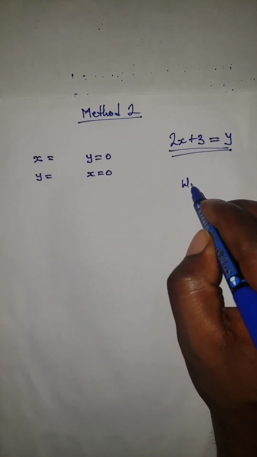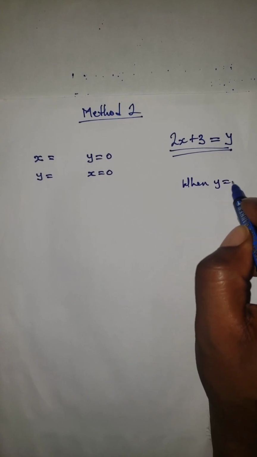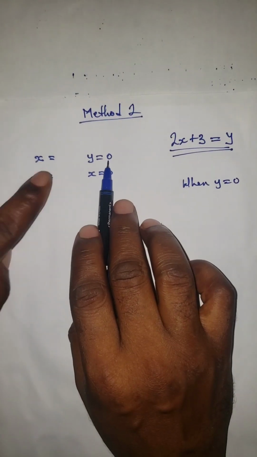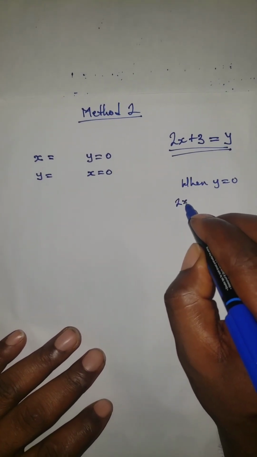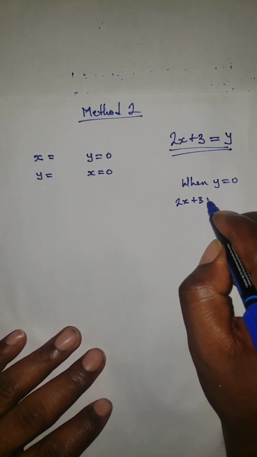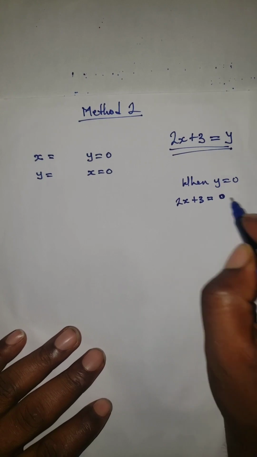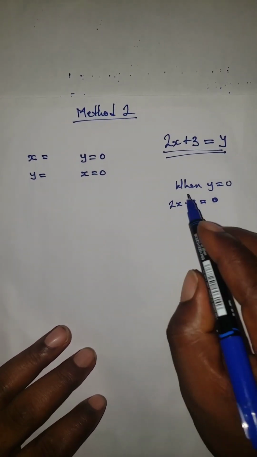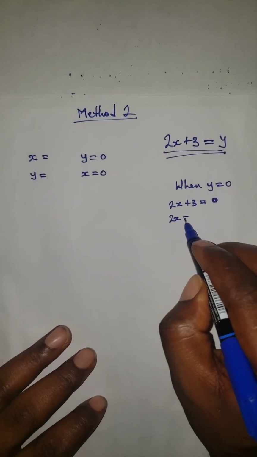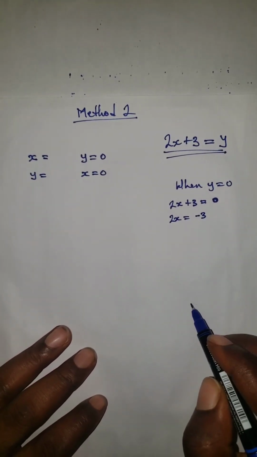When y equals 0, let's find the corresponding value of x. That will give us 2x plus 3 equals 0, because y is equal to 0. So that will give us 2x equals minus 3.